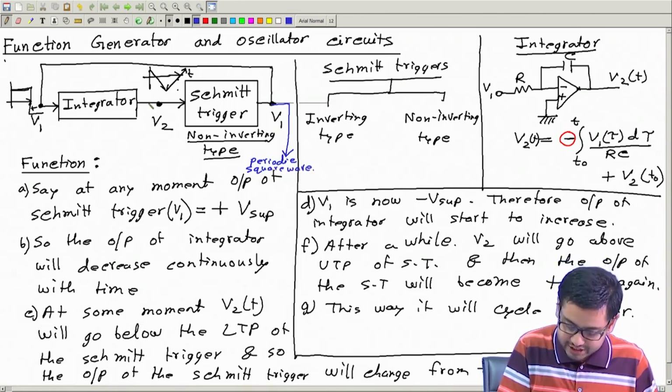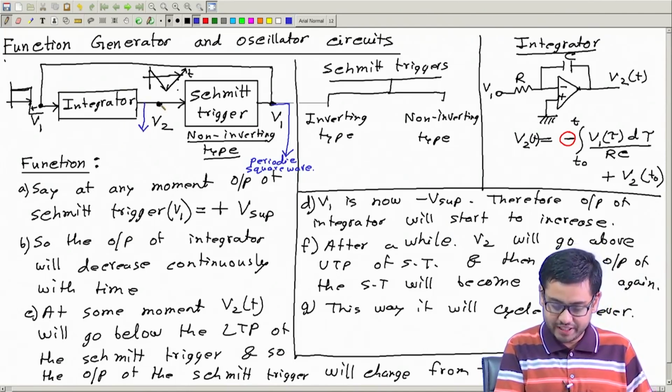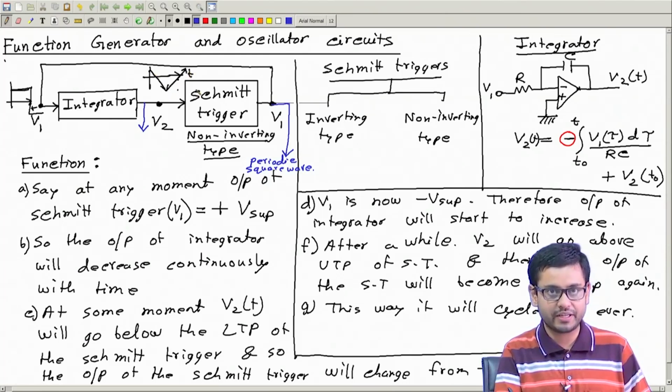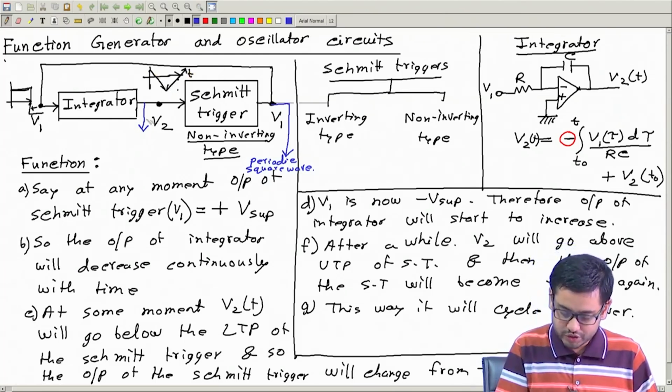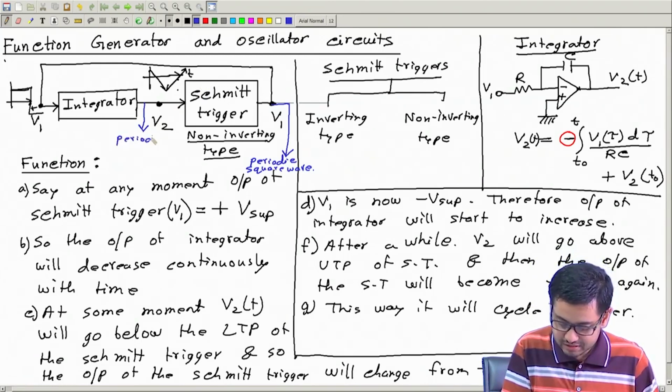And if you look at this voltage here, you will also notice that this voltage is periodically sometimes going down, sometimes going up, and then going down, going up, so on. So this will be a periodic triangular wave.